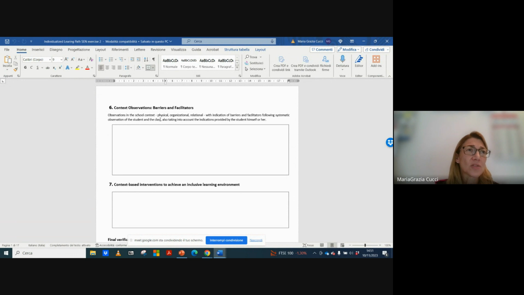So maybe we can try to check whether it is possible to find some specific moments, some specific time dedicated to the student in order to give him or her the condition, the context that is the best to achieve his or her goals.